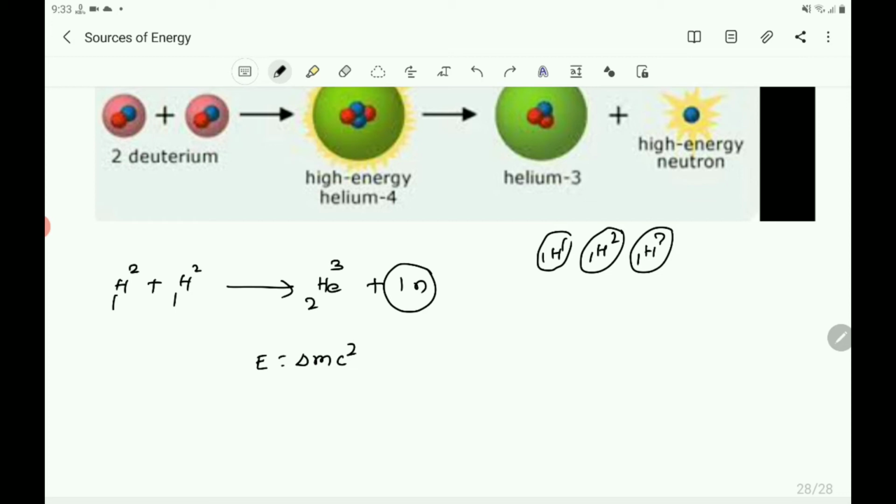Such nuclear fusion reactions are the source of energy in the sun. You know this, the sun mainly consists of hydrogen. The major constituent of the sun is hydrogen.